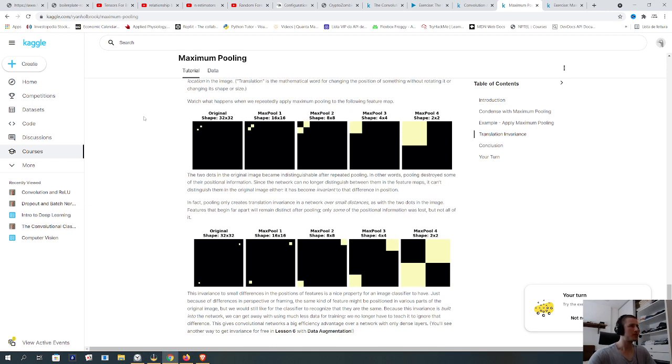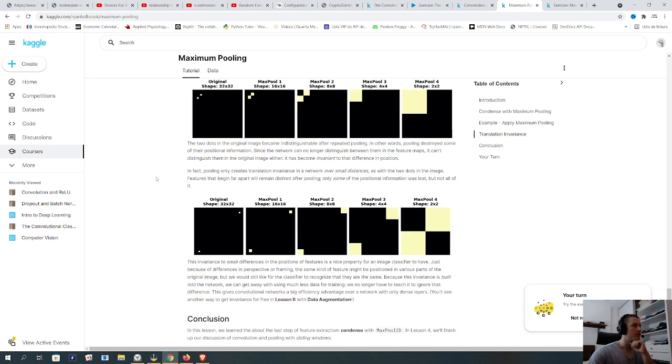Watch what happens when we repeatedly apply maximum pooling to the following feature map. Original, 16, 16, 8, 8, 4, 4. The two dots in the original image become indistinguishable after repeated pooling. In other words, pooling destroyed some of their positional information.